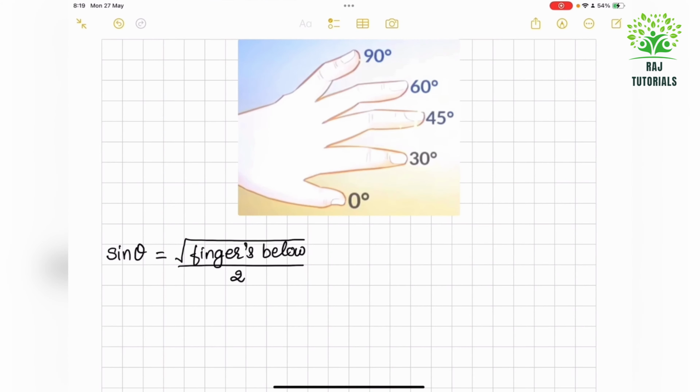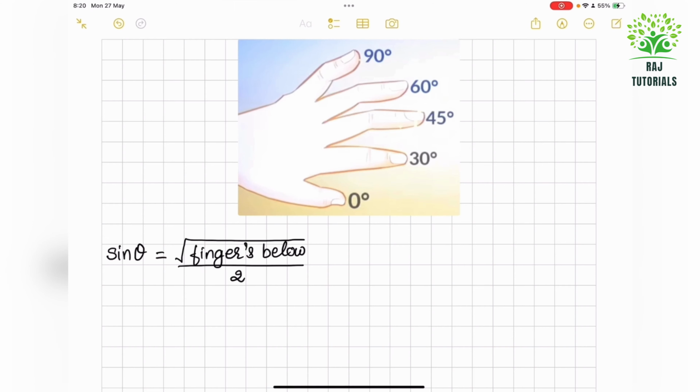Now, today we are going to learn a technique to remember all the formulas of sine theta, cos theta and tan theta. See, now if I take my left hand, my thumb will be my 0 degree, then 30, 45, 60, 90. I should label them like that. Now, for sine theta, the formula says square root of fingers below upon 2.